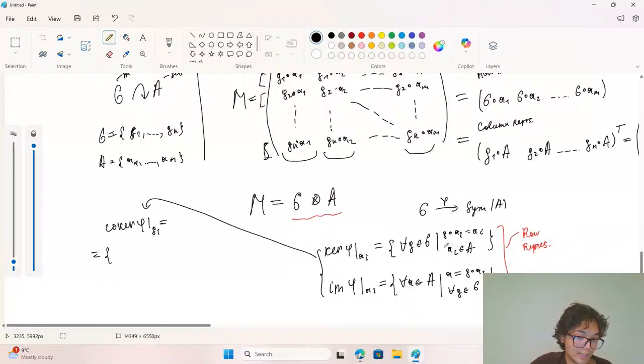But what if we consider all the elements of A that are fixed by g_i?